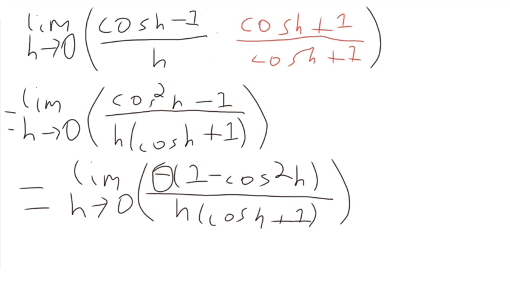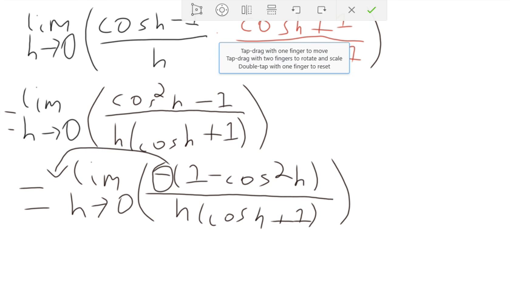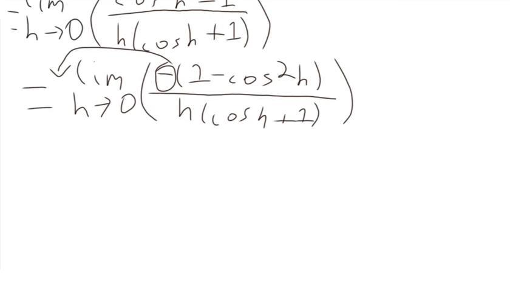And this negative sign right here is a constant multiple, so I can put that in front of the limit sign. So this will be negative limit as h goes to 0 of 1 minus cosine squared h.